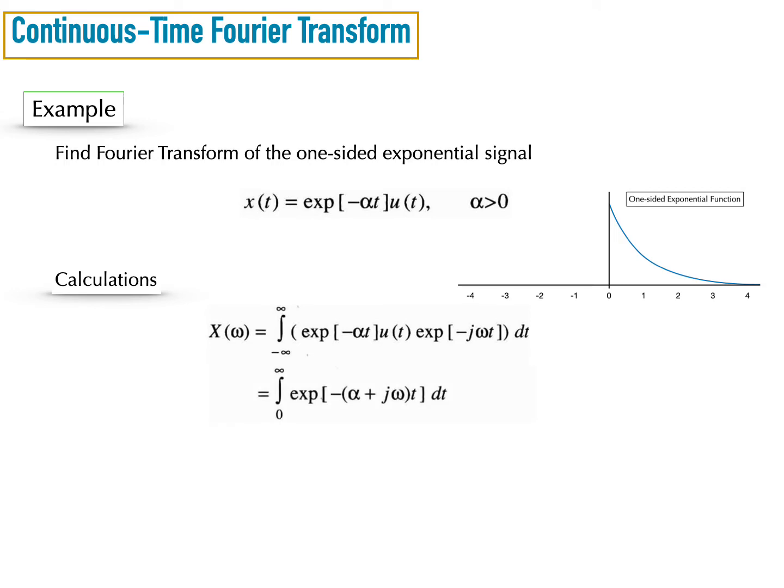They will become 0 to positive infinity. After performing the integration on this exponential function, we get this value. Now we apply the limits 0 to infinity, and we get this value. This is our Fourier transform of the one-sided exponential signal.